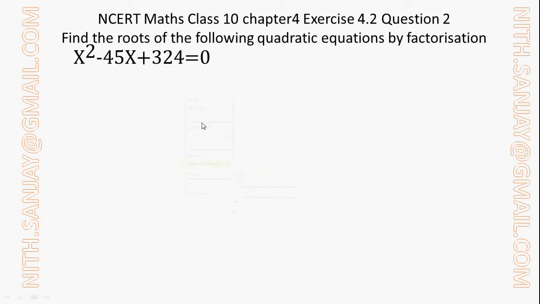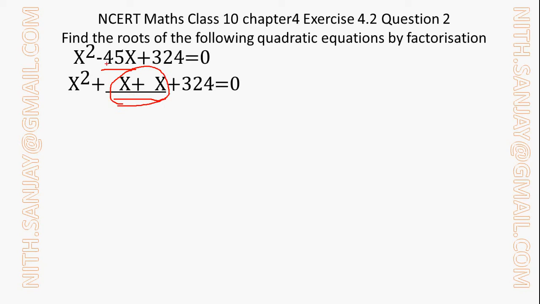Okay, so in this method what we generally do is split this middle term into two terms in such a way that if I add up these two terms, I should get minus 45, and if I multiply them, then I should get the multiplication of the coefficient of x square and this constant term, meaning a and c. So I will multiply a and c.